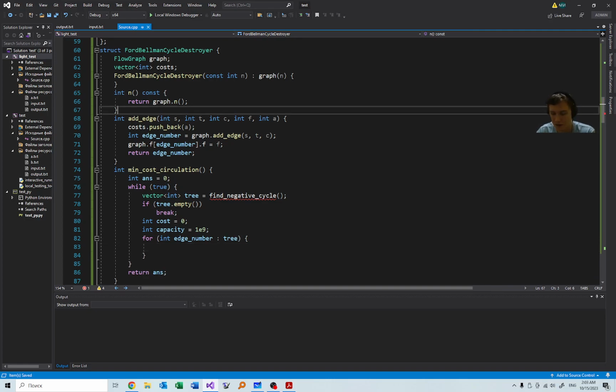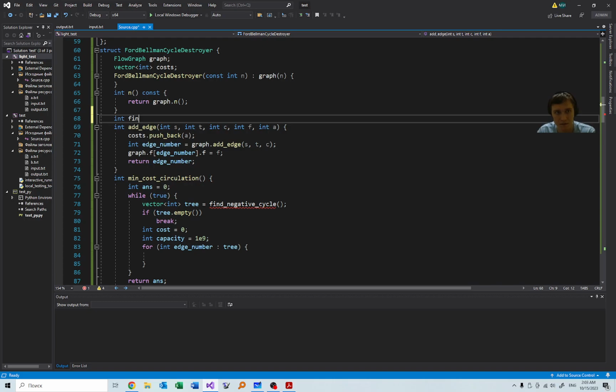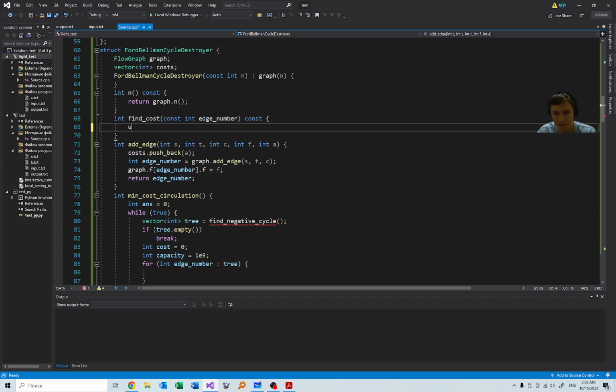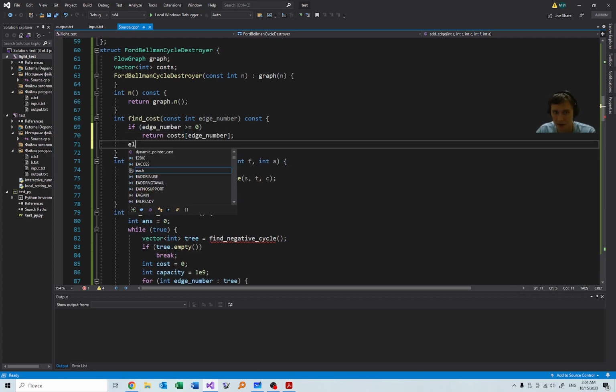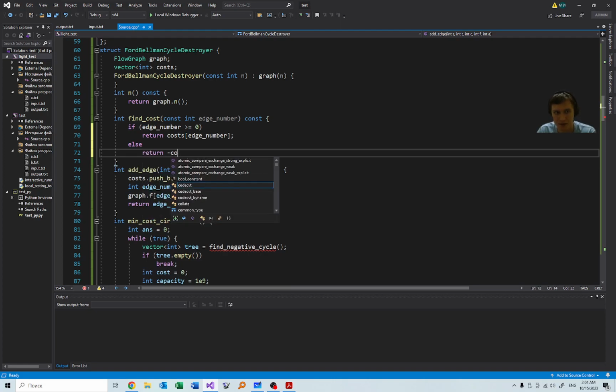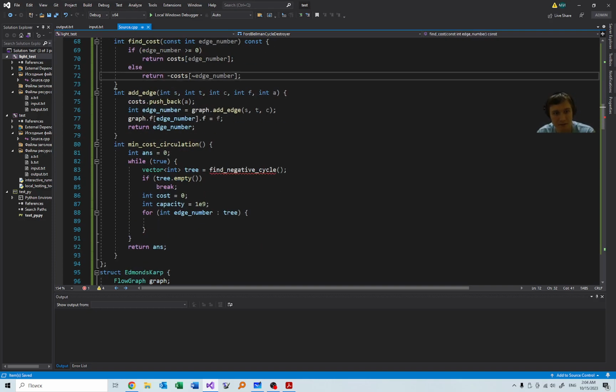So int find cost. So if edge number is at least 0, return costs of edge number. Else return minus costs of edge number. Great.